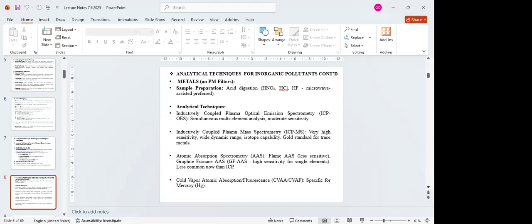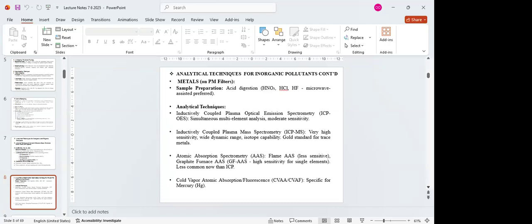Now, this equipment simultaneously determines many elements at the same time, and you don't need to do one element at a time. That's what it means.